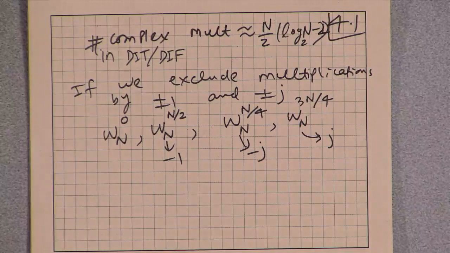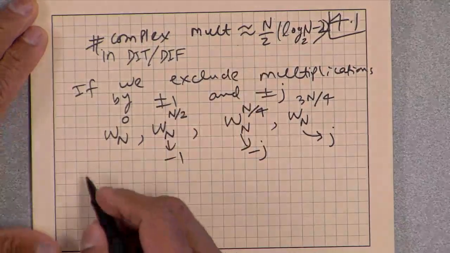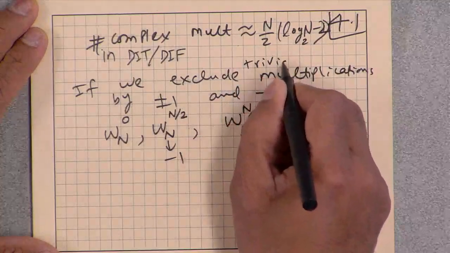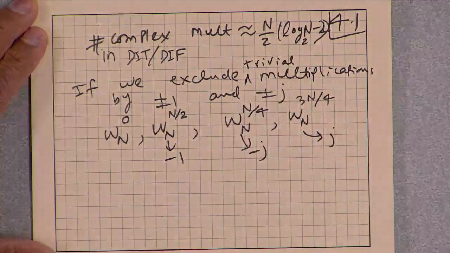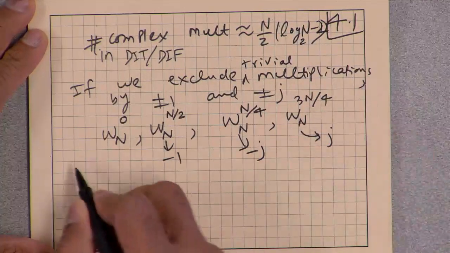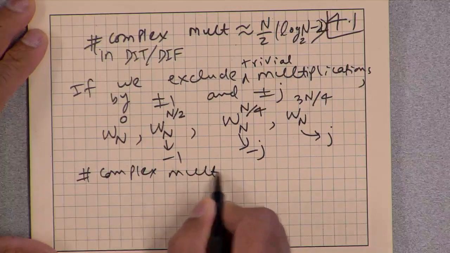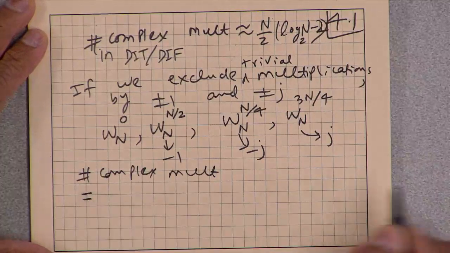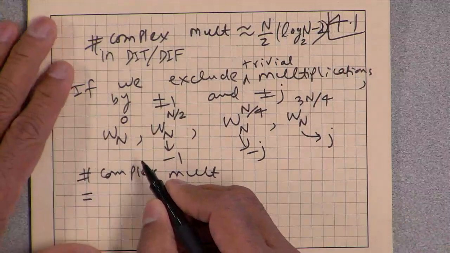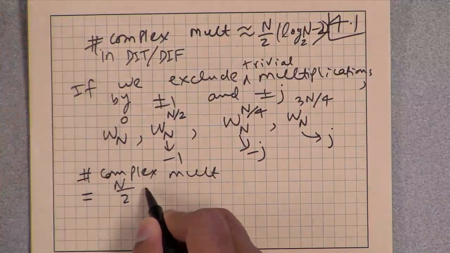So a better approximation, this is approximate: if we exclude trivial multiplications by plus minus 1 and plus minus j, then the number of complex multiplications is equal to, the first one, n by 2 minus 2.